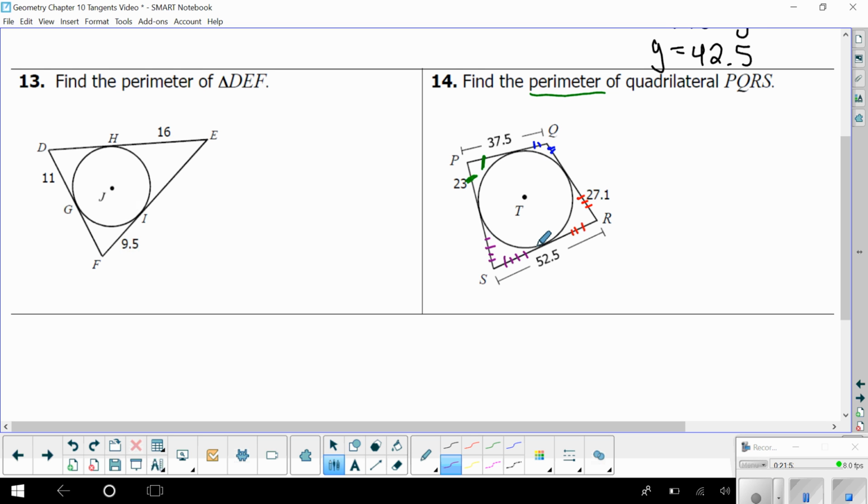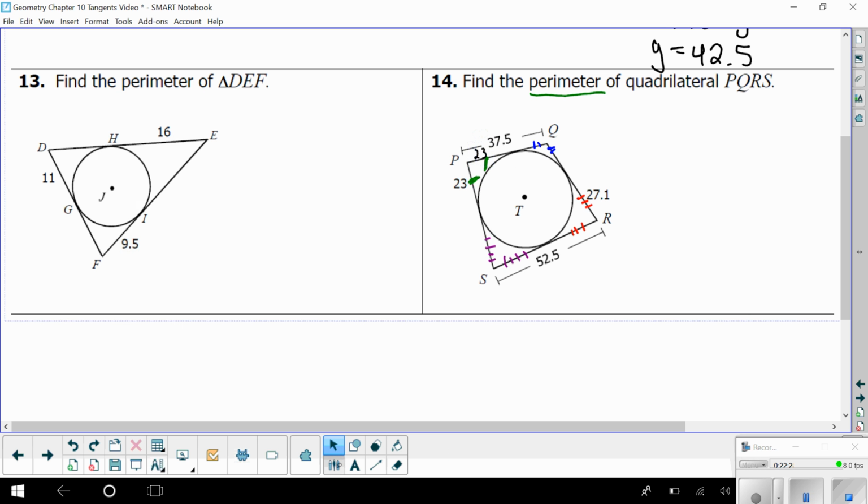So let's make this work. If that's 23 right there, then right here is 23.